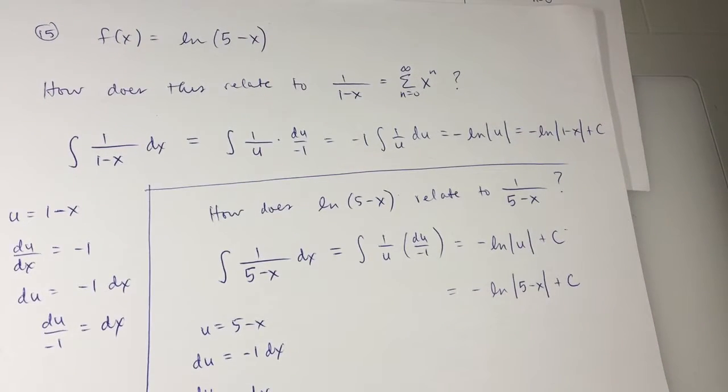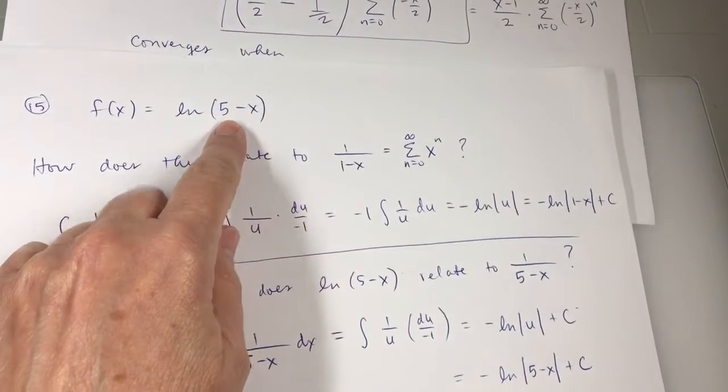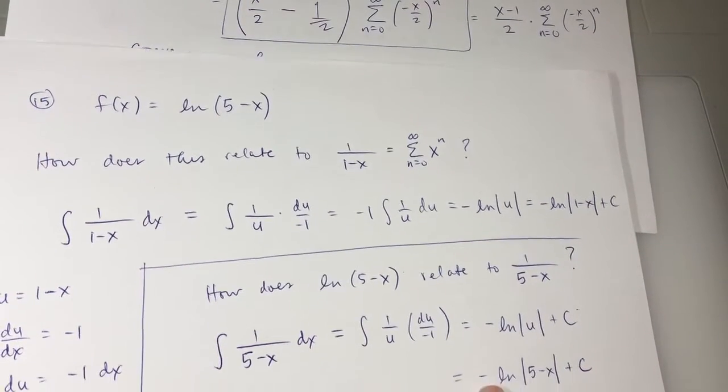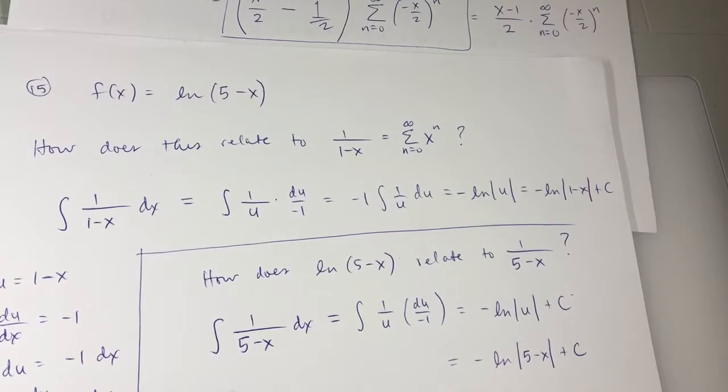So the idea on number 15 is this. Now it differs by a negative sign from what's written in the book, the natural log of 5 minus x. But I can deal with that negative sign at the very end.